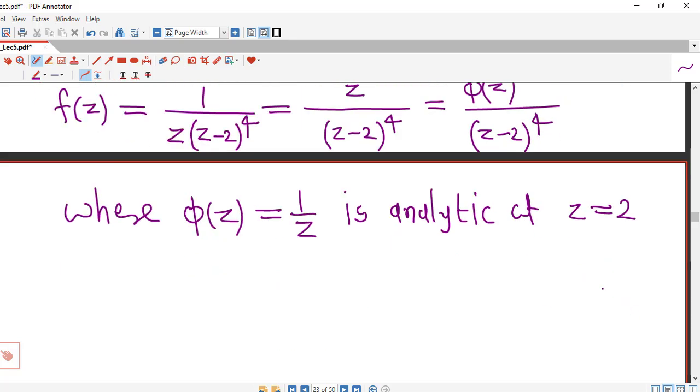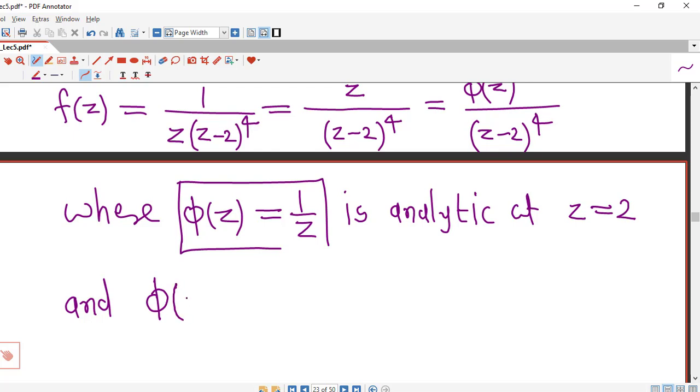This 1 by z is analytic everywhere except z equal to 0. So therefore it is analytic at z equal to 2, and value of phi of z at z equal to 2 will be equal to 1 by 2, and it is non-zero.